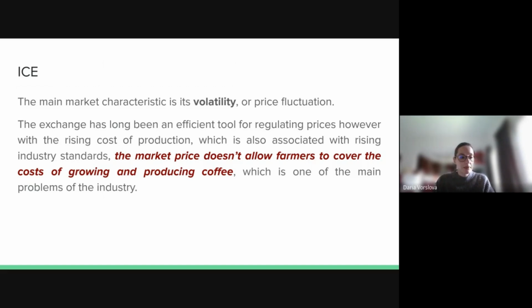For example, today it's 150 or 200 cents per pound, but next month something happened and it dropped to 90 cents per pound. And now that's the price you can get, and you cannot wait, because cherry cannot wait, otherwise it just goes bad, right?